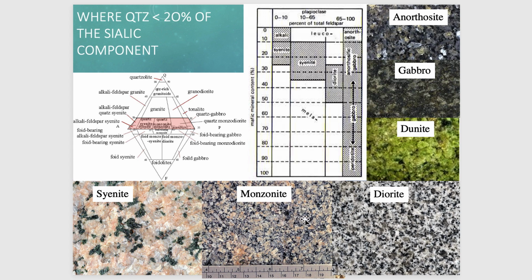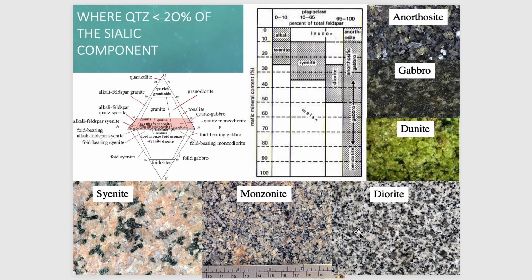And then you move into dioritic composition, so you lose the pink completely, and you are in this space in which you have a rock that is dominated by more than 65% plagioclase, and then have a combination of amphibole and pyroxene in its matrix, but it's still quite white.